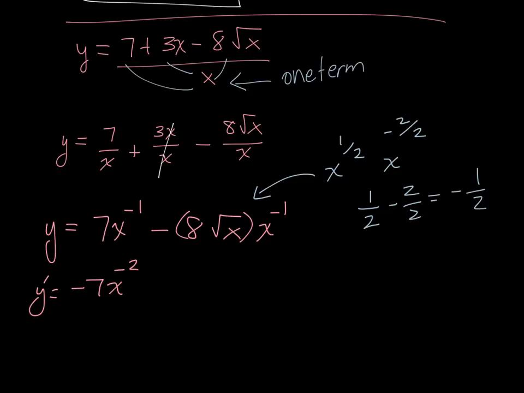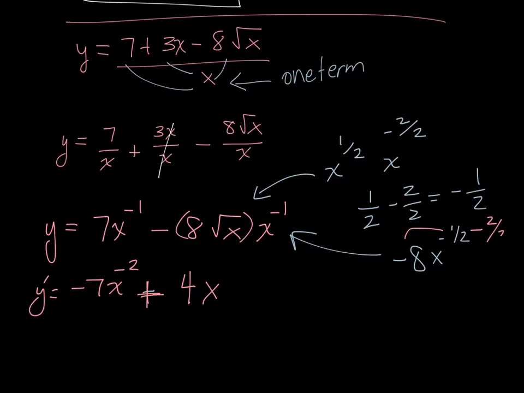So this becomes minus 8 times x to the negative 1/2 power. So if I use the power rule and bring down the negative 1/2, that becomes positive. Half of 8 is 4x.